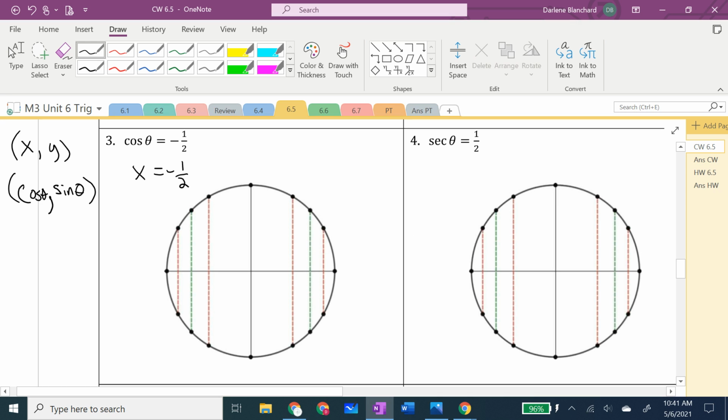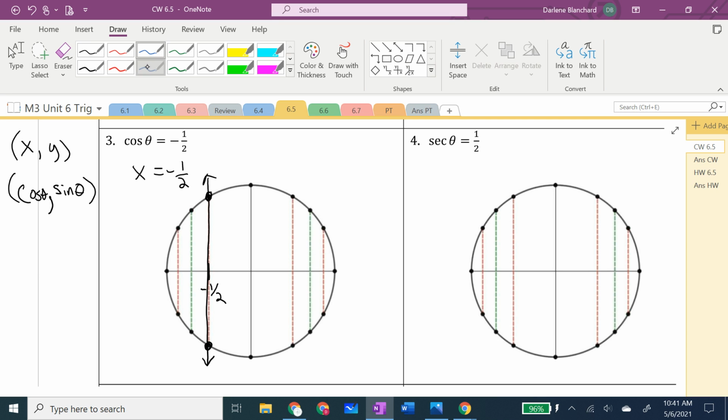If you draw the vertical line x equals negative 1/2 along the x-axis, that is on the negative side of the x-axis, the first one away from the origin, draw that as a vertical line, and that intersects the unit circle at 2 angles.